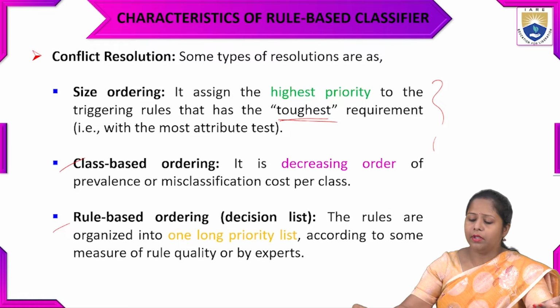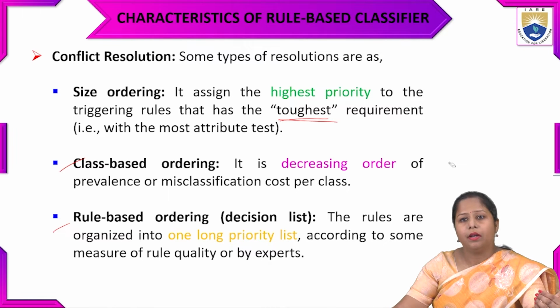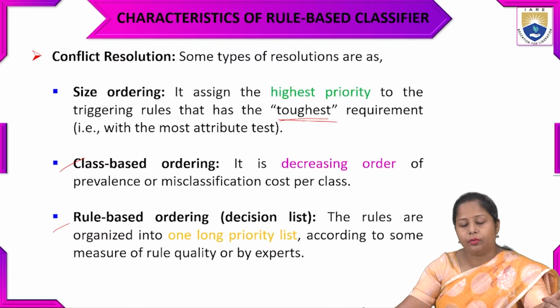The toughest requirement is the one with the most occurring attribute tests, that is, how frequently the attribute occurs. That is the toughness of that attribute, and according to that we make the highest priority rule, right?